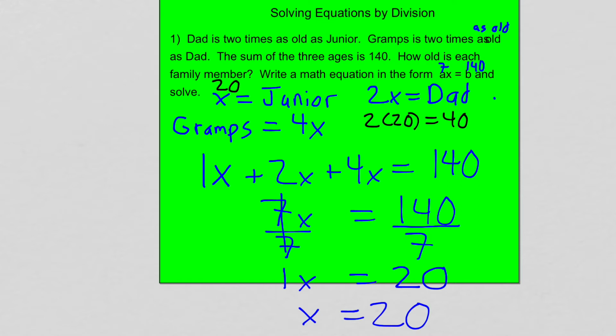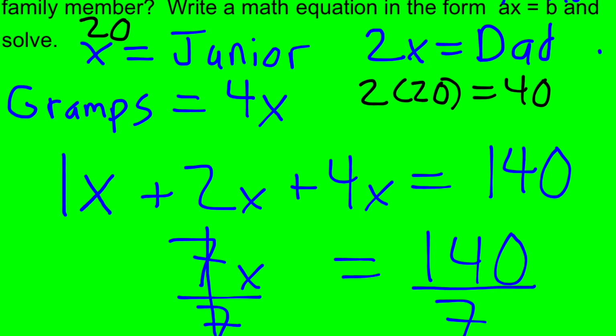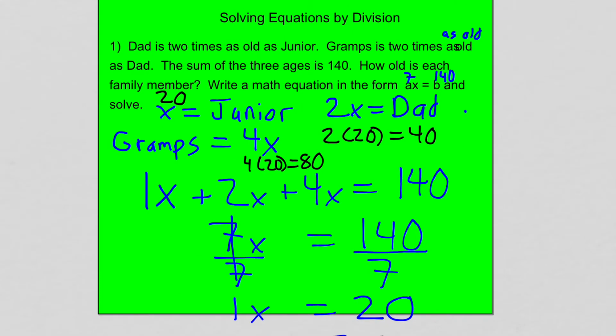Okay, and we've said Gramps is 4x, double the age of Dad. So Gramps is 4 times 20, which is 80. And if you add up those ages, 80 plus 40 is 120, plus 20 is 140.